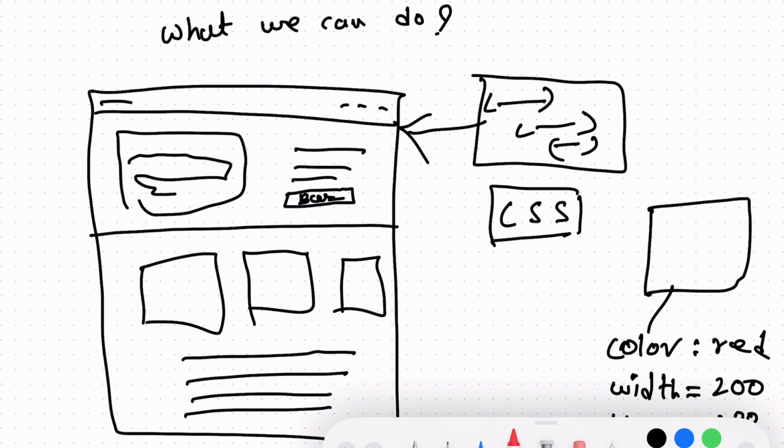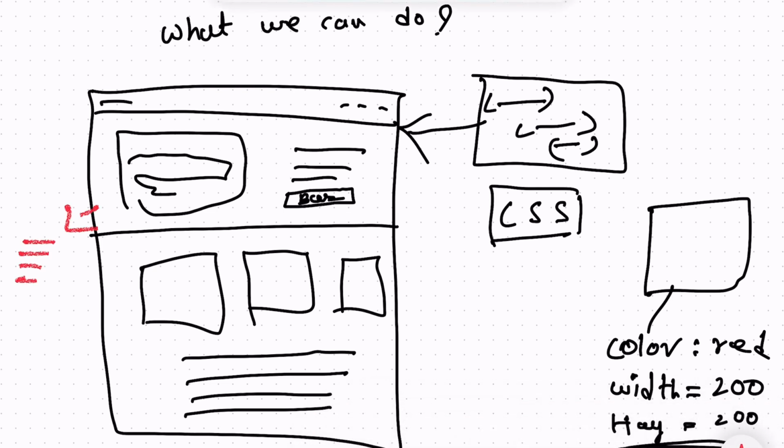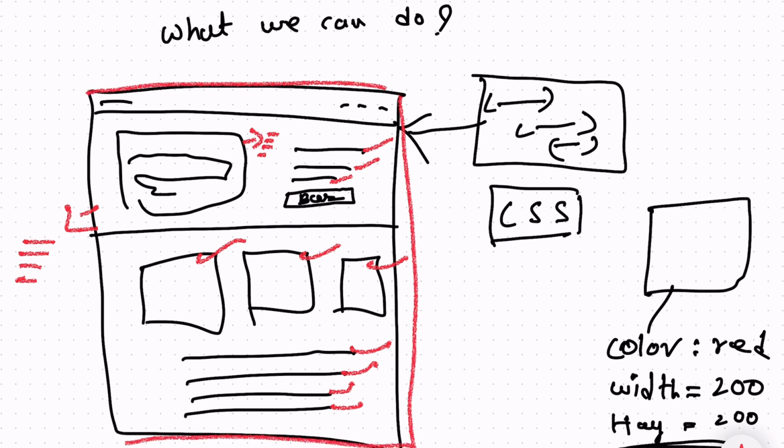Like you select the topmost layer and apply some CSS, and you select the inner layer and write some CSS. Like that, you will write CSS for every element that you see on the page. You might write one style and use it in multiple places, but you will have those styles defined, and those styles together make the entire design of the page. So that is what you do with CSS.